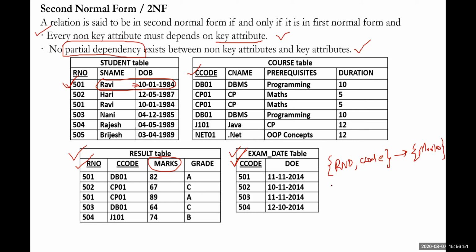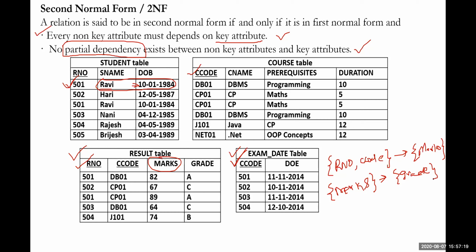But on marks, grade will be dependent. Grade must always depend on marks only. If you have, say, 82 marks, then what is your grade? If you got only 30 marks, what is your grade? That is the only point. It does not depend on your register number or your course code. So on marks, your grade will be dependent.